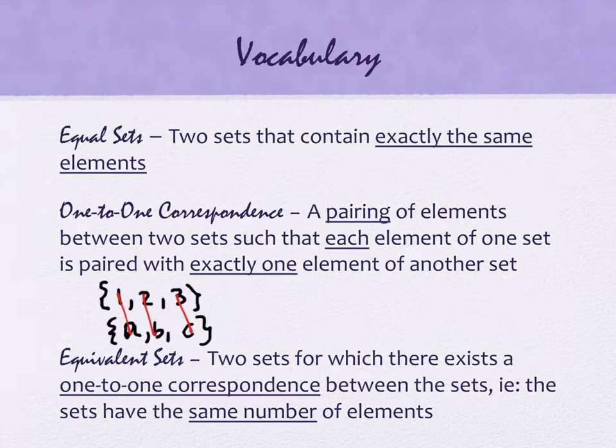It's a game with one-to-one correspondence involved. Now, equivalent, which is often used interchangeably with the word equal in English, is not the same in this context. Equal sets are exactly the same elements in the set, but equivalent sets are simply two sets for which there exists a one-to-one correspondence, i.e. the sets have to have the same number of elements.